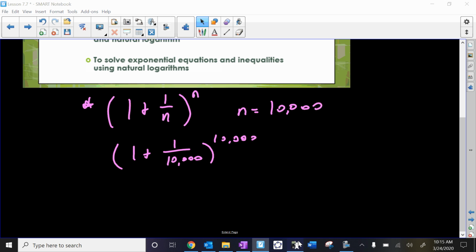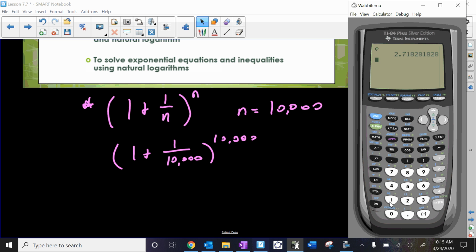It won't be exact, but it should be pretty close. So we're going to try it. I need parentheses. 1 plus, I'm going to put some more parentheses, 1 divided by 10,000 raised now to the 10,000.